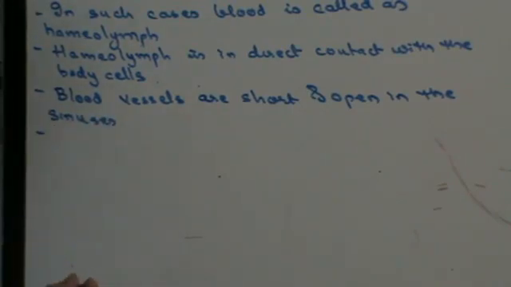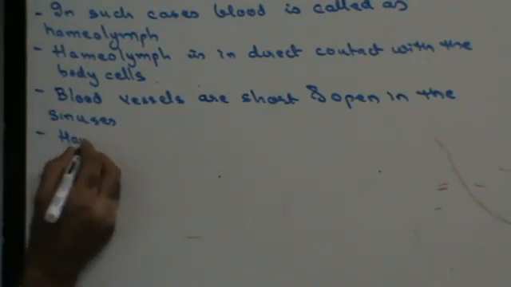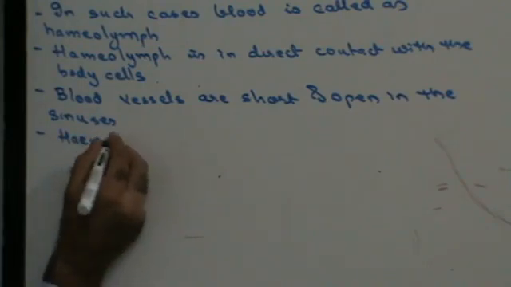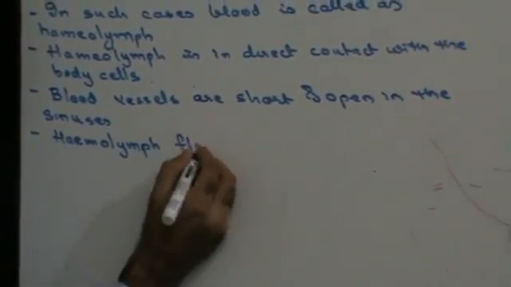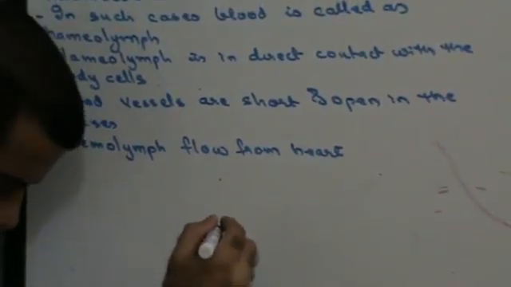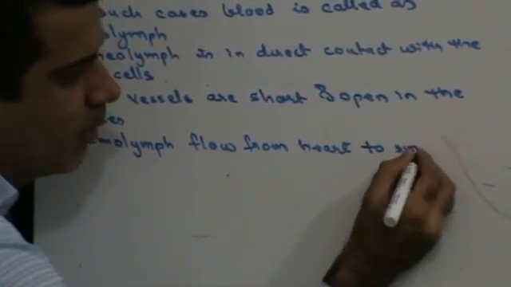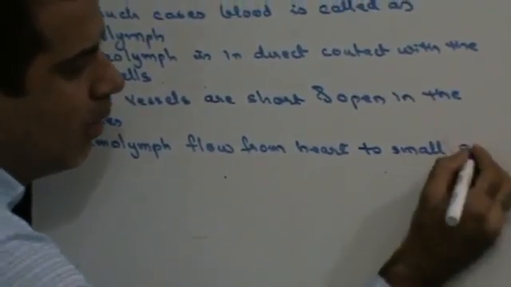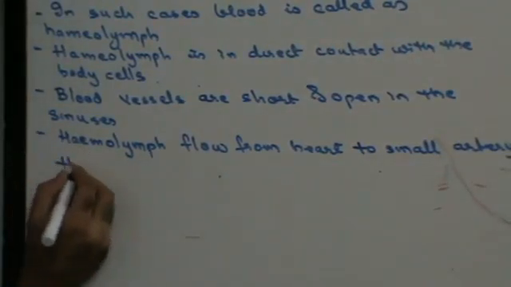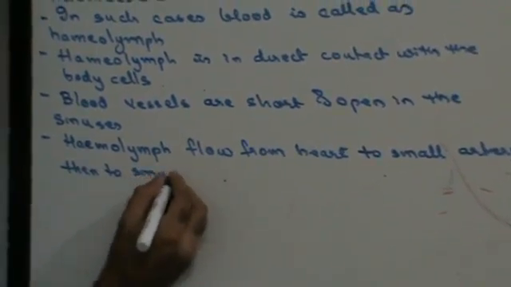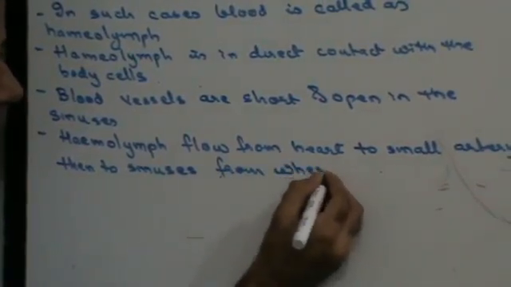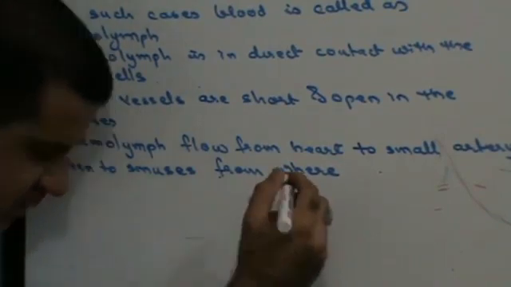Right? Hemolymph flows from heart to small arteries, then to sinuses, from where the hemolymph returns back to heart.